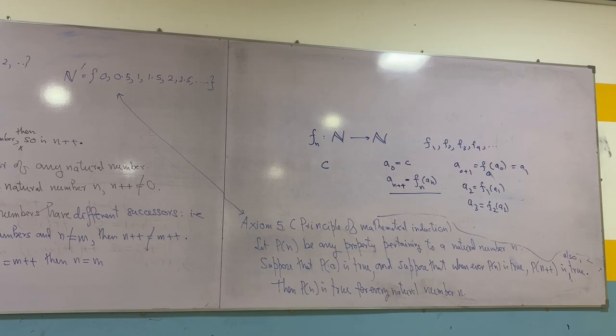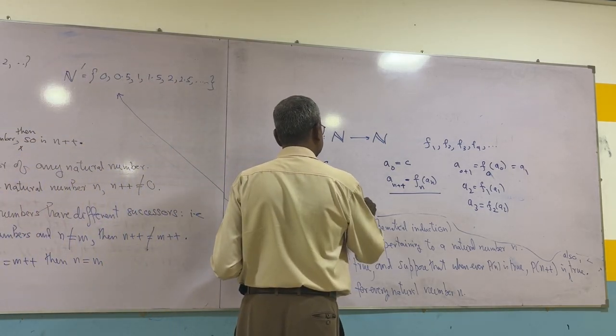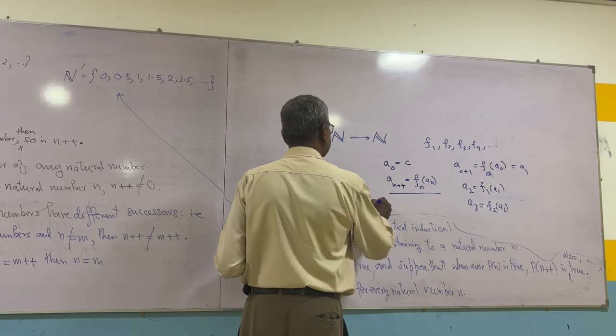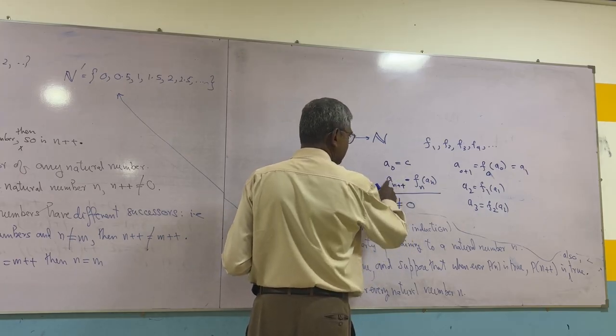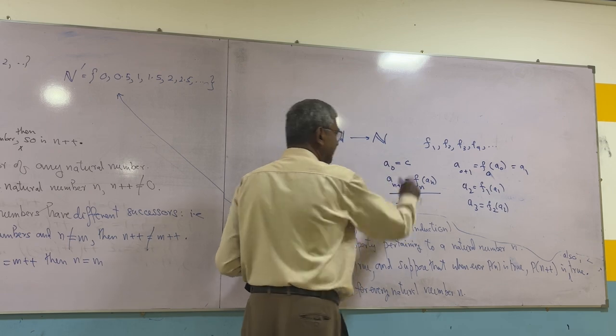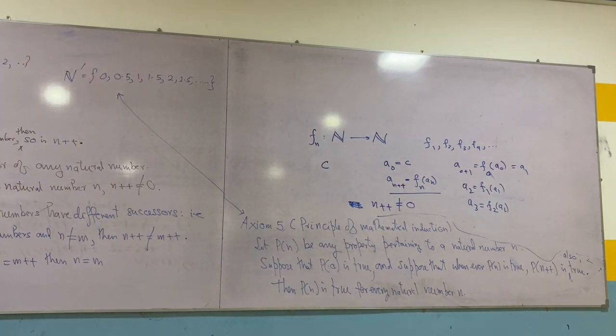None of the other definitions, a(n++) equals fn(an), will redefine the value of a0, because n plus plus will never be 0. Therefore a0 will not be defined again.